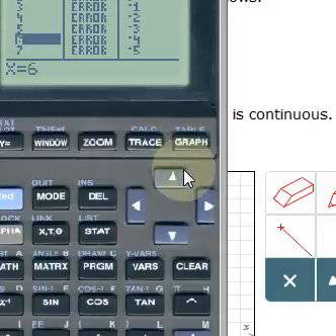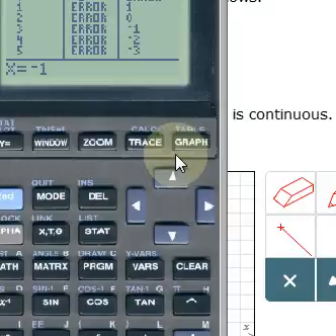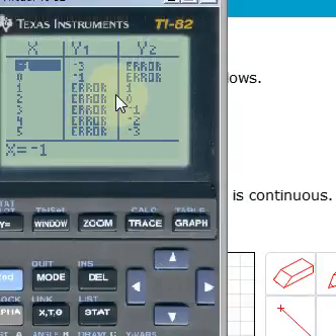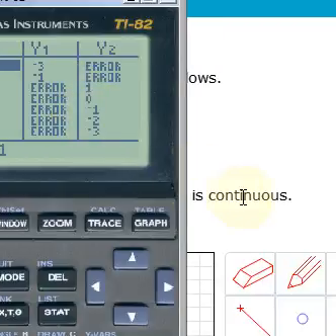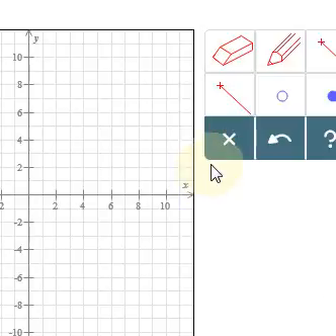So if we have zero, it will be -1. We'll plot a graph here. Let's see if I can do this right.